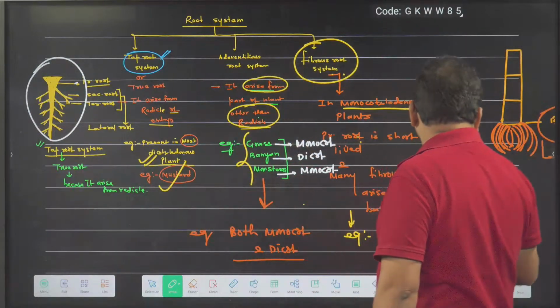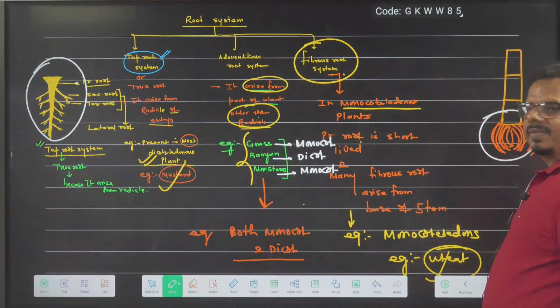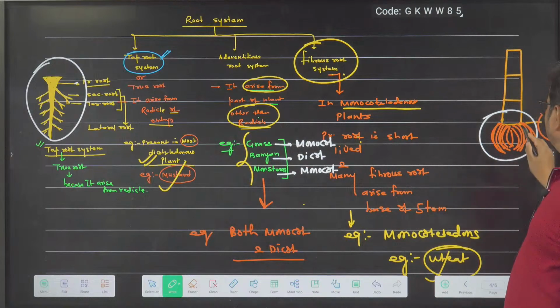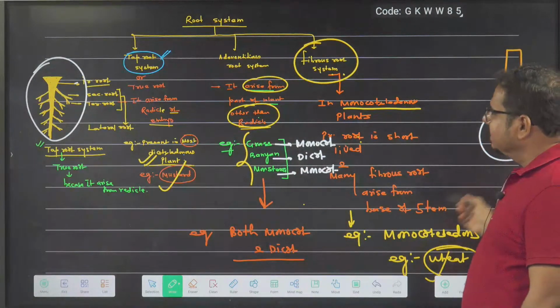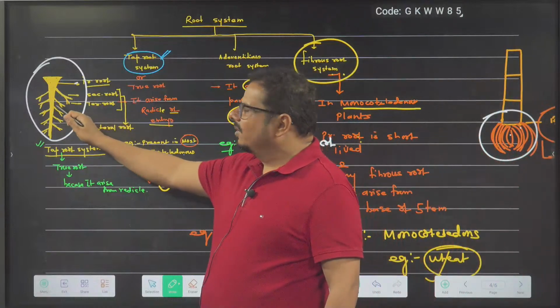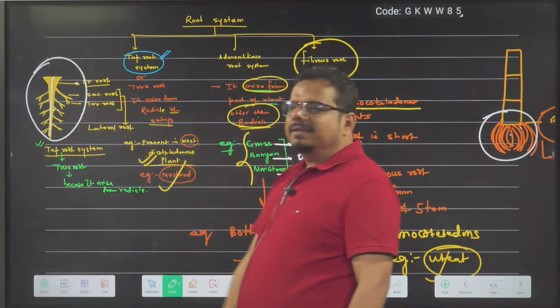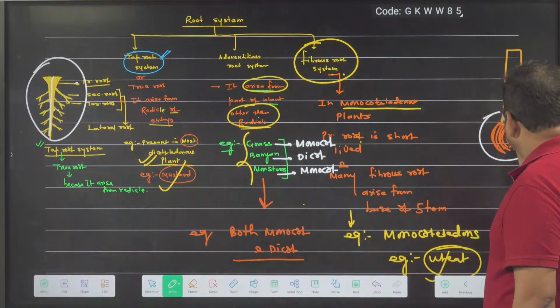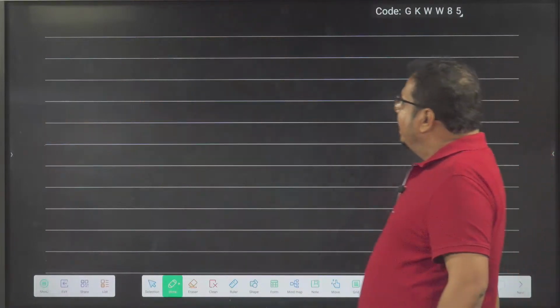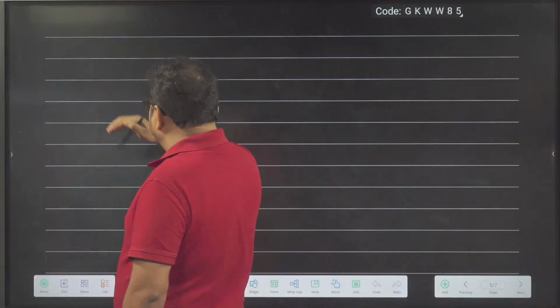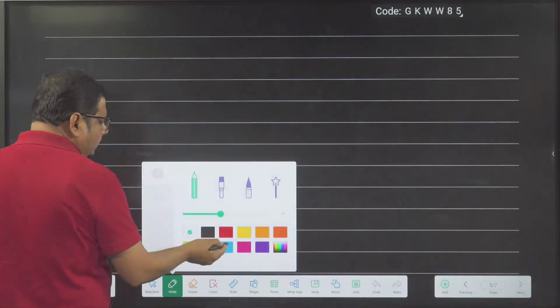Any plant where you find the root like this, you can say it is a monocot plant. Are you getting the idea? So by identifying the root, you can say whether it is a dicot or monocot. Thus, in tap root a prominent primary root exists. In fibrous root, a prominent primary root does not exist.